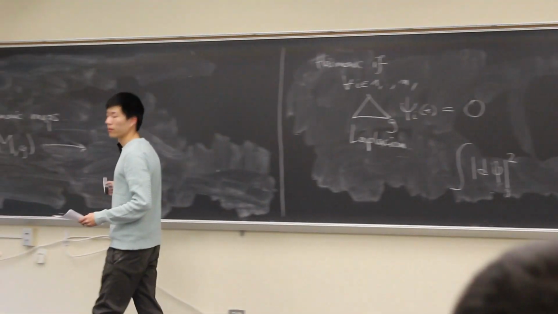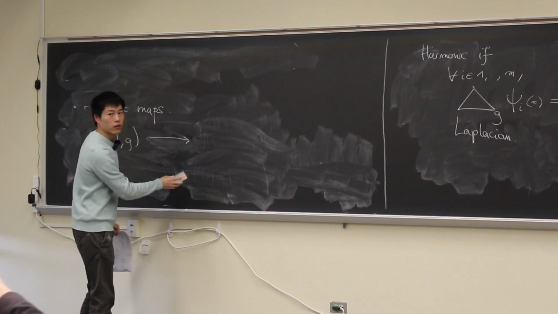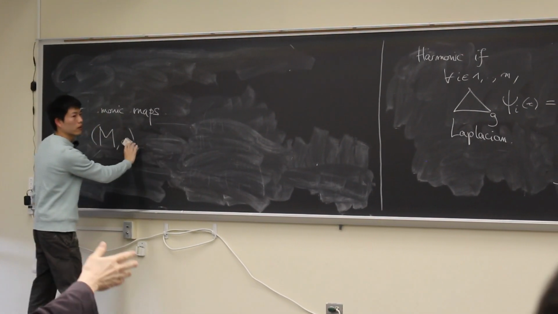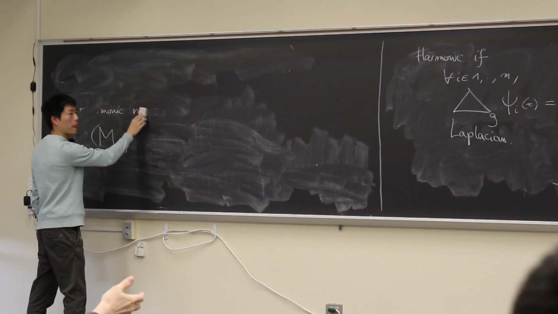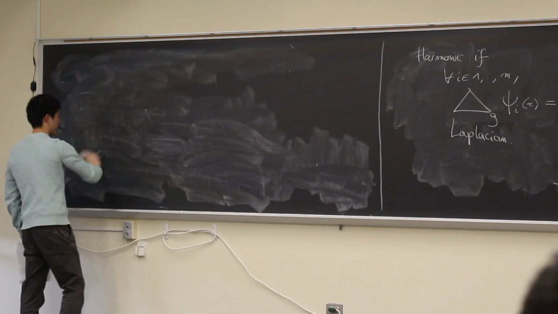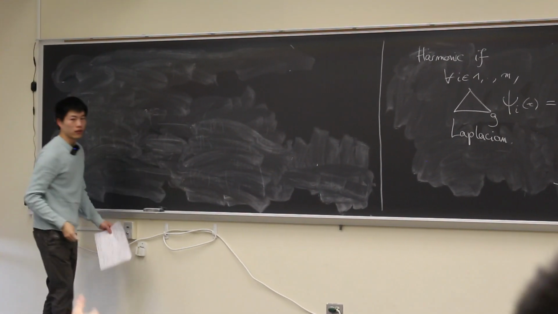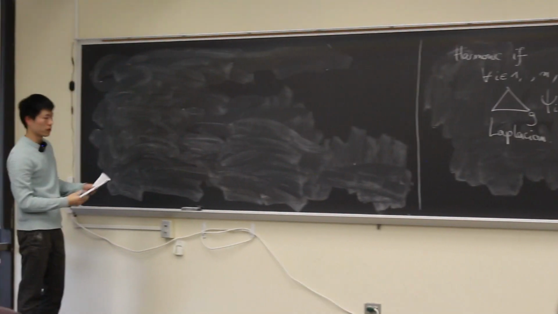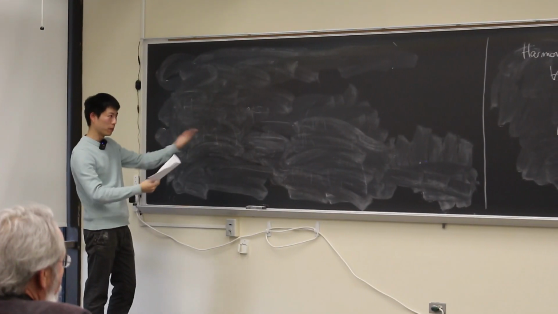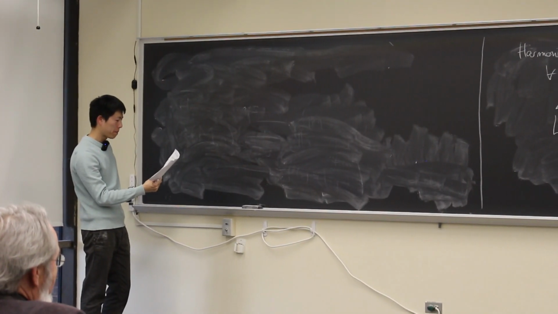Well, maybe your picture points out an important example, right? Any closed geodesic is a harmonic map of a circle. That's right. So a geodesic is an example of a minimal map from the circle.